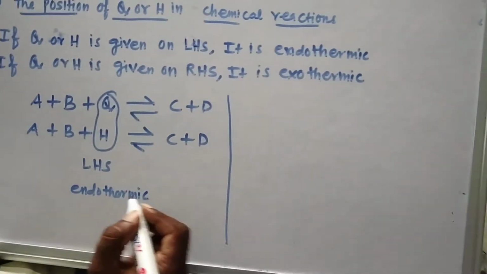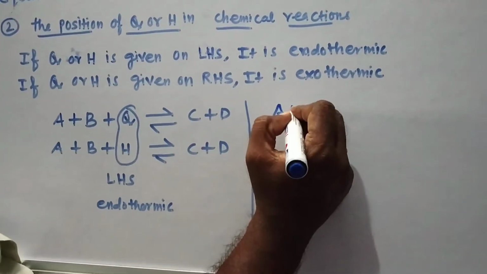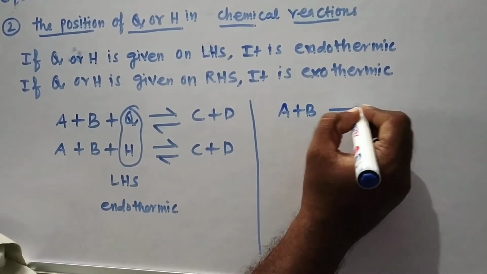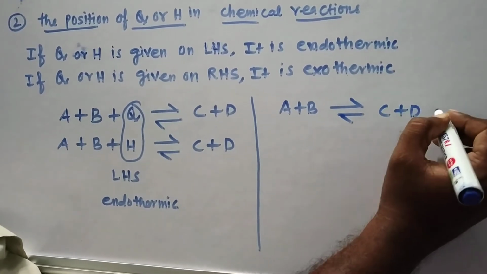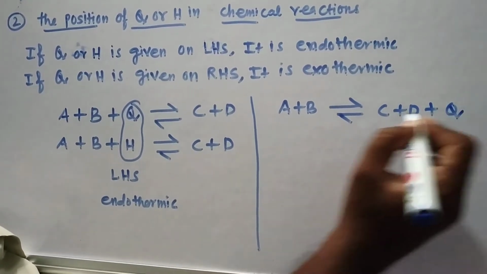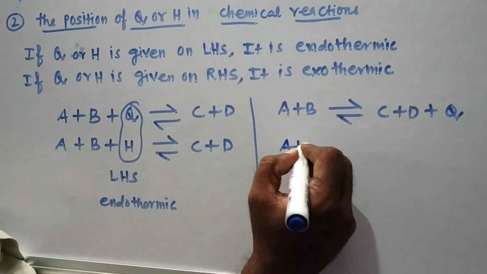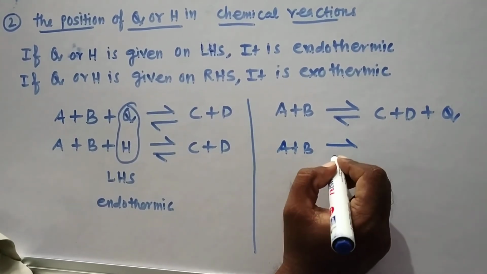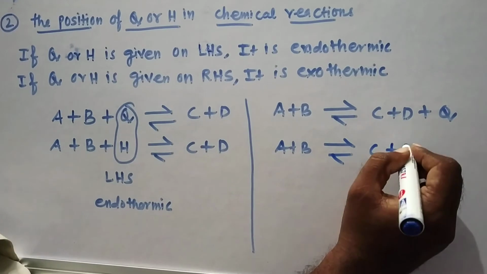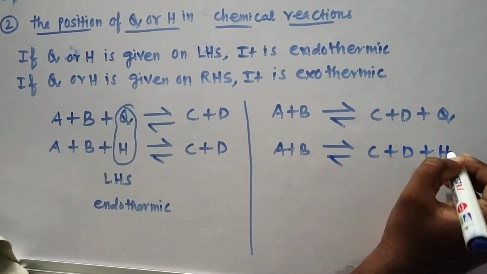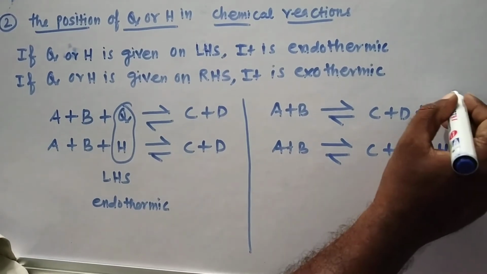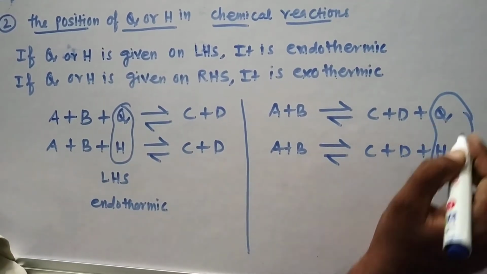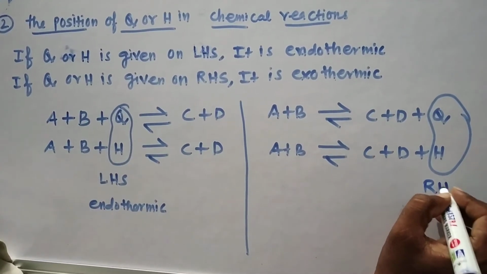Then, similarly, A plus B gives C plus D plus Q, or A plus B gives C plus D plus H. In these reactions, Q or H is now given on the right hand side.